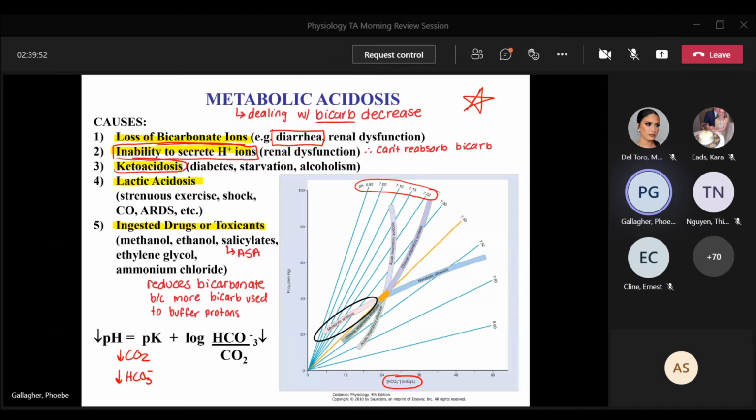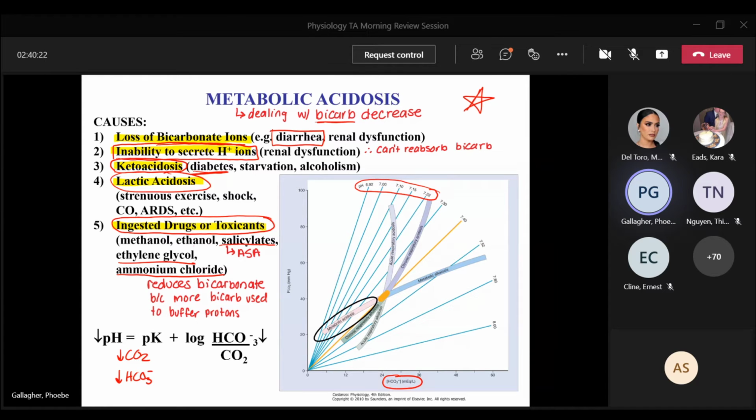Ketoacidosis will also lead to that. So diabetic ketoacidosis or starvation. He'll likely use diabetic ketoacidosis as an example. Lactic acidosis can also cause it. That's also going to lead to increased acids in the blood. Anything that is a drug that's acidic can also lead to metabolic acidosis: ammonium chloride, salicylates, ethylene glycol, methanol, or ethanol.